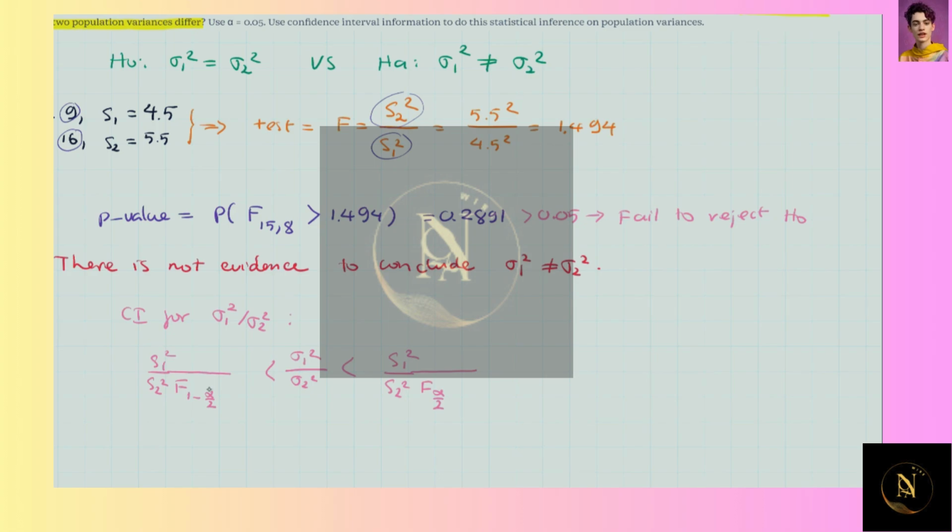Now for the critical values, here we have alpha equal to 0.05 divided by 2, which equals 0.025.